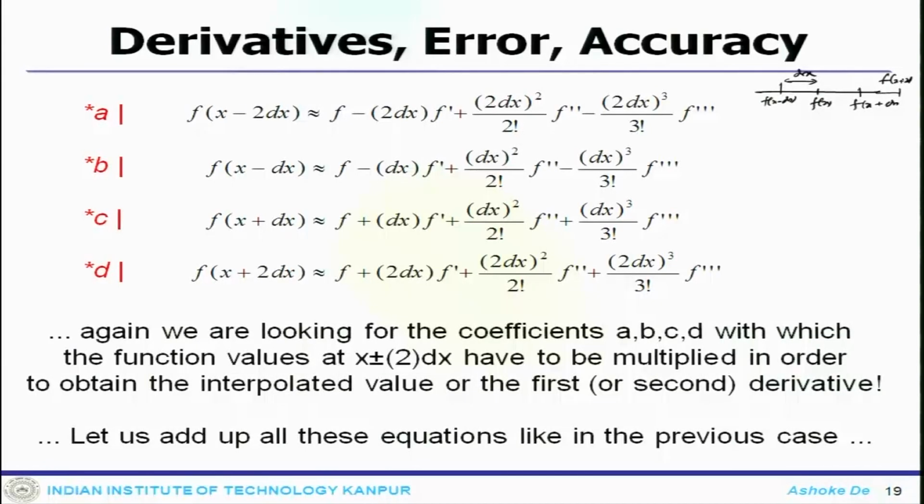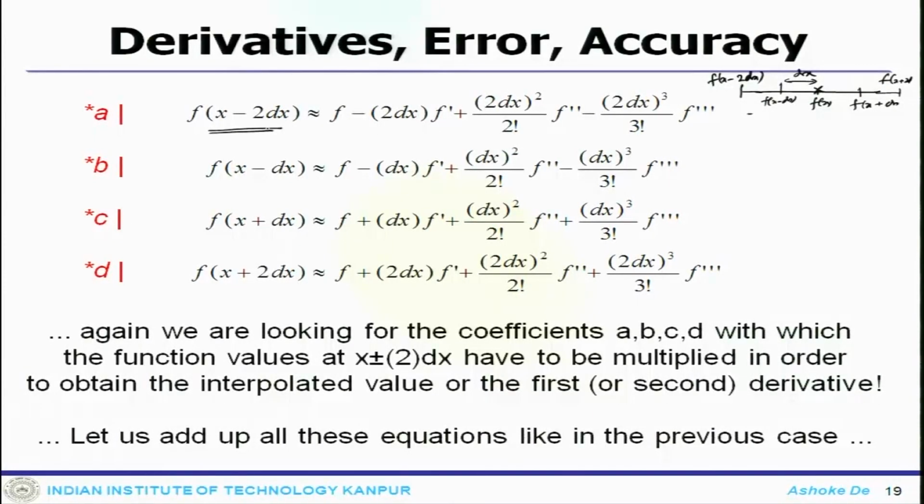First thing that we want to find out is x minus 2 dx, the point which is staying here, and the distance between each point is uniform, dx.